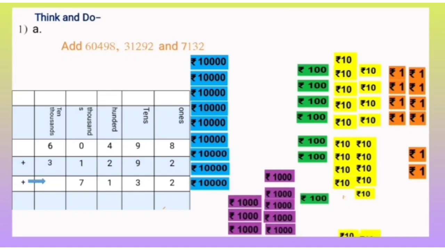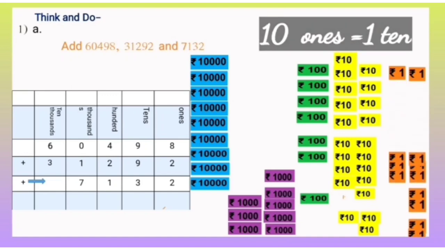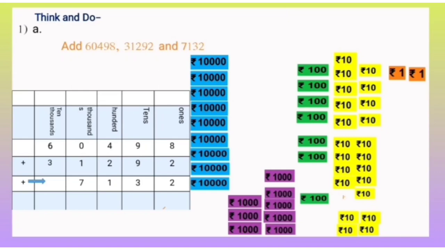Now on adding, since 12 ones are there, 10 ones is equal to 1 ten and 2 ones are remaining. So we'll write 2 in ones column and 1 ten we will write on top of tens column.